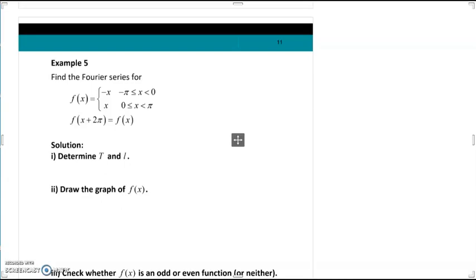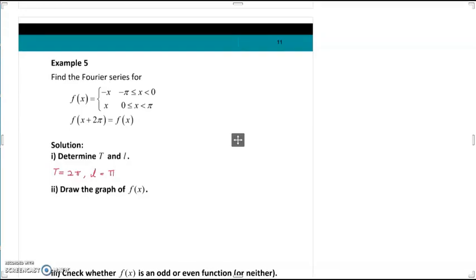So fx equals -x in the range of -pi to 0, and fx equals x in the range of 0 to pi. And given fx plus 2 pi equals fx, we know that the period, the capital T, is 2 pi in this case. So first of all, let us write the capital T is 2 pi, and the L is 2 pi over 2, which is pi.